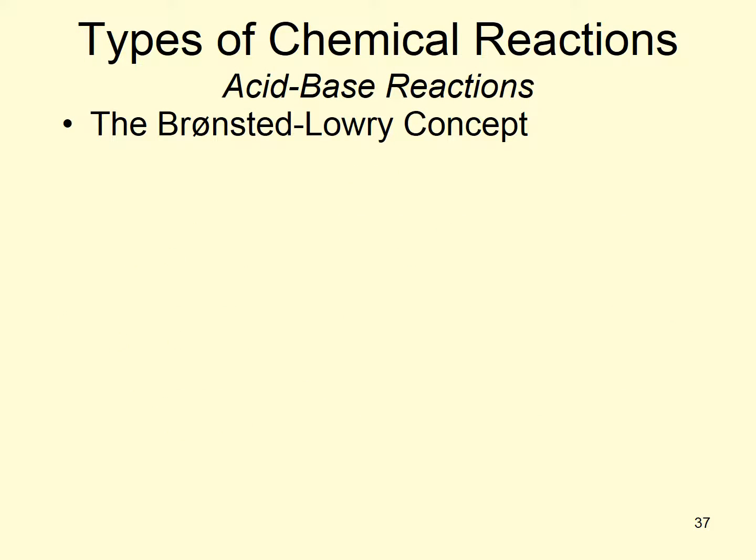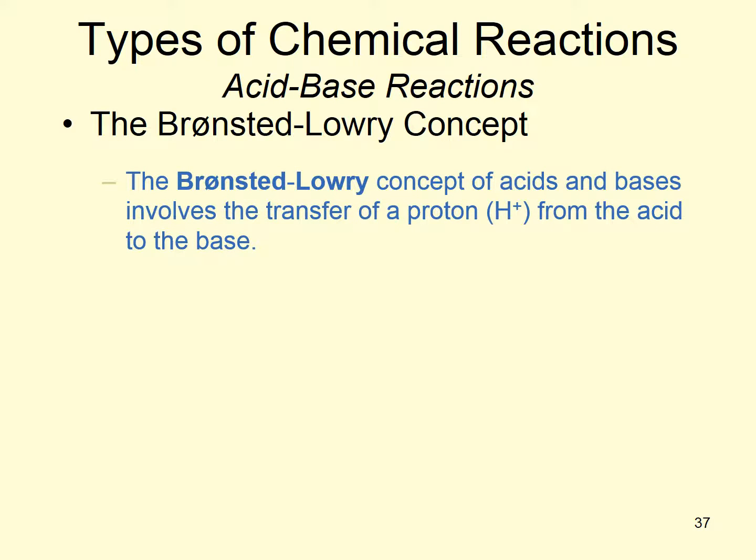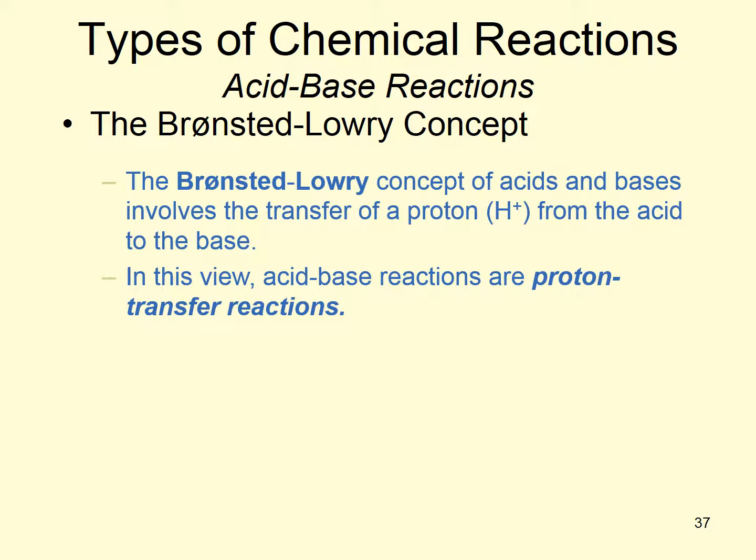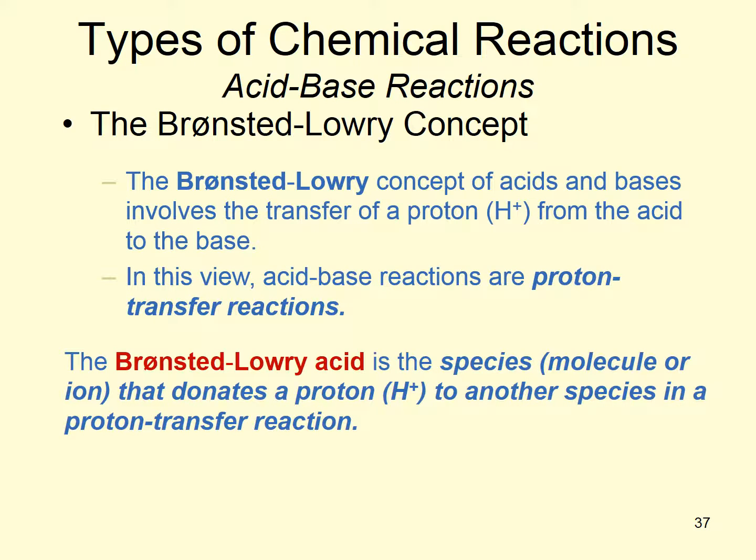Okay, so the other concept is called the Bronsted-Lowry concept, named after two men who figured it out. In this case, an acid is really just the same thing. A Bronsted-Lowry acid-base reaction is one where an H plus ion is transferred from the acid to the base. So it's called a proton transfer reaction.